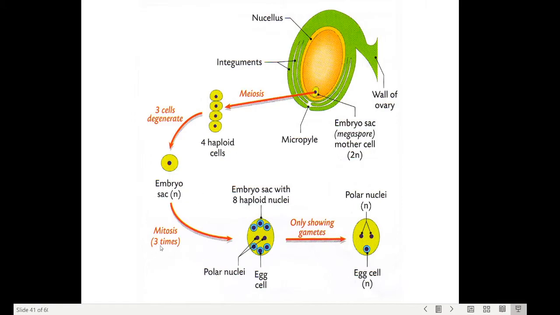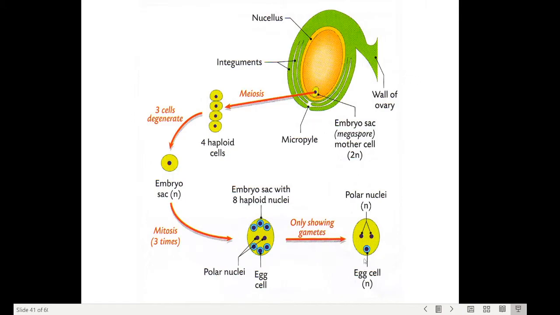Mitosis happens three times. After that, the embryo sac has 8 haploid nuclei, including the 2 polar nuclei. If a nucleus is present in the cell, it develops into an egg. Only one egg cell finally enters the fertilization process.